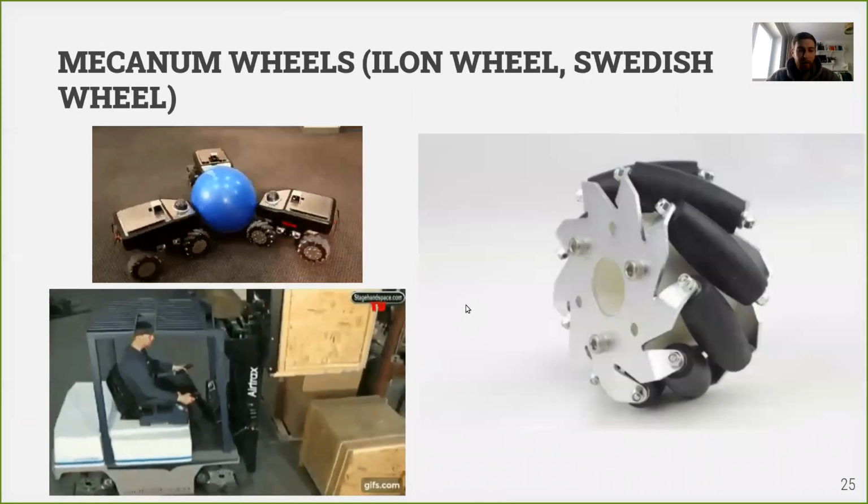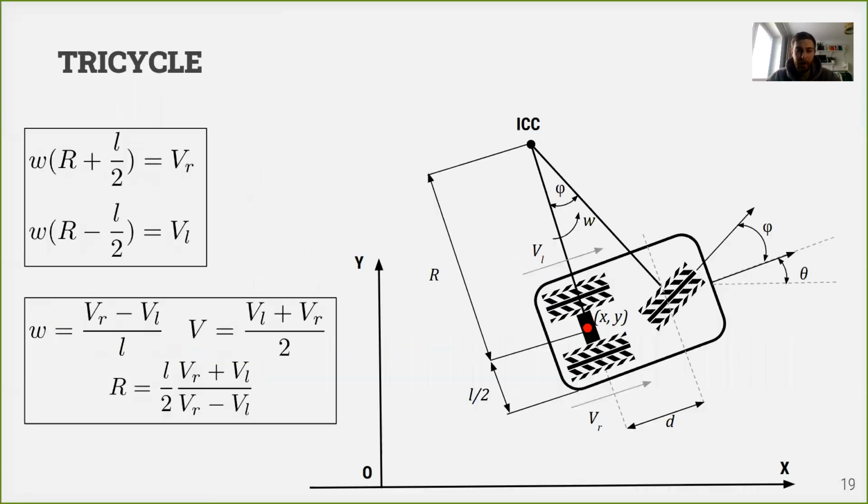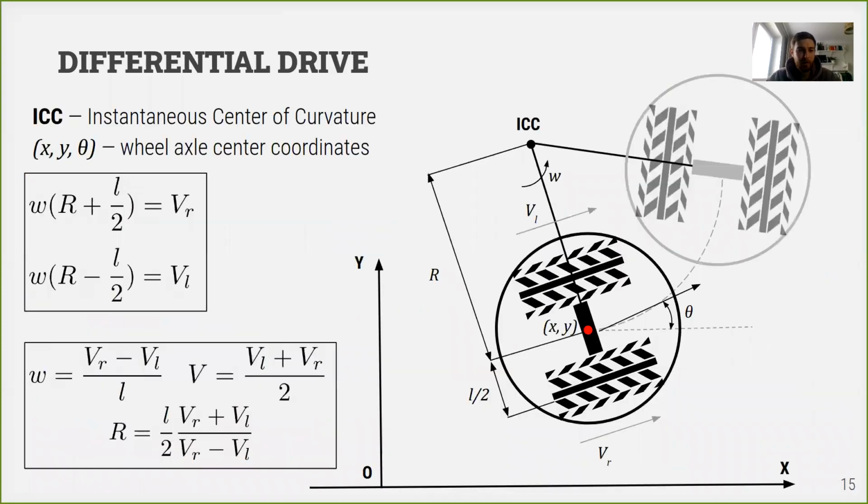So this is a really, really short overview of different types of kinematics used in robots. You don't have to memorize all these equations. You just have to distinguish between different types of kinematics used in wheeled robotics.